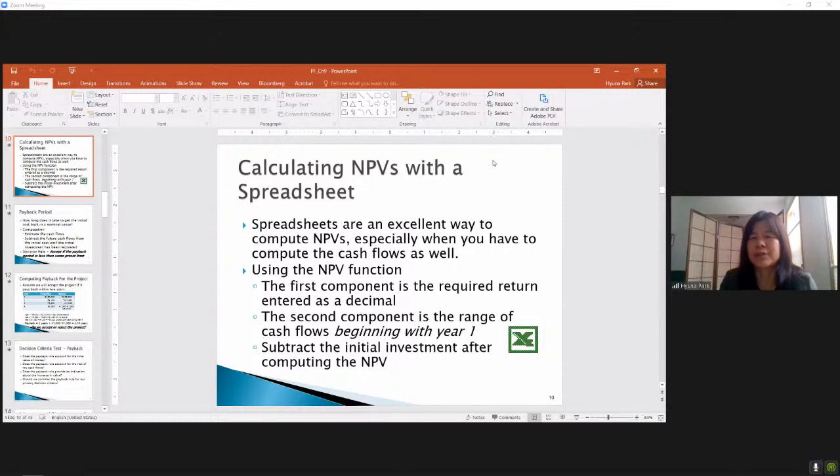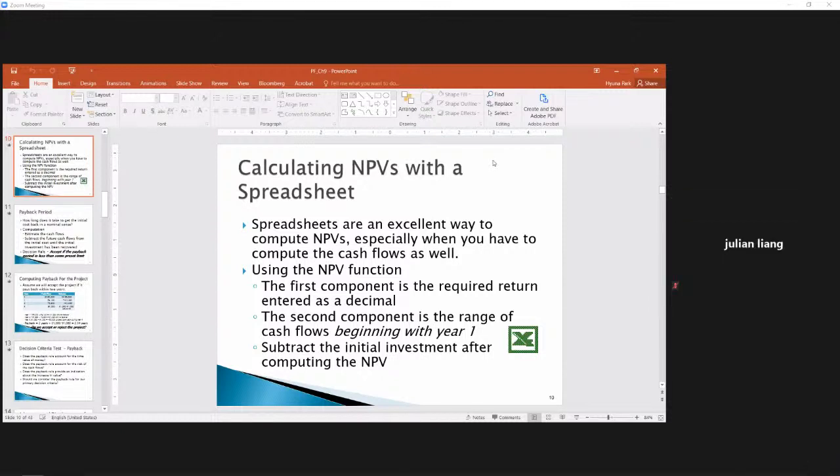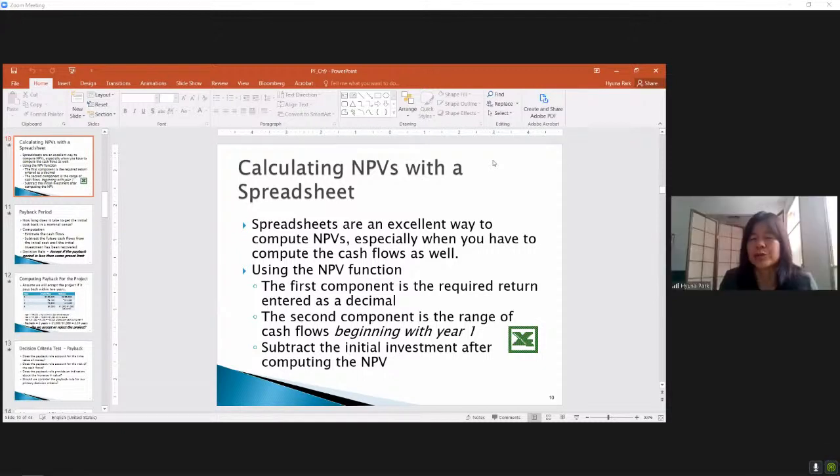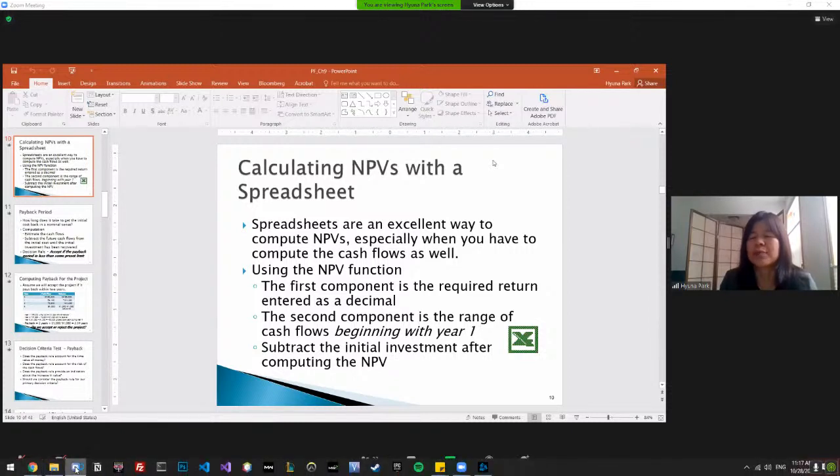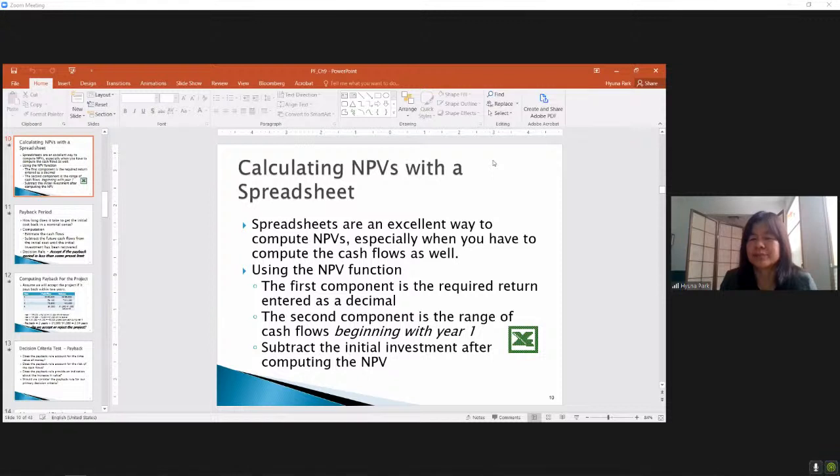Also, NPV tells us how much value this new project will provide for the owners of the corporation, meaning the stockholders. So that's why NPV is the most important tool for capital budgeting decisions.